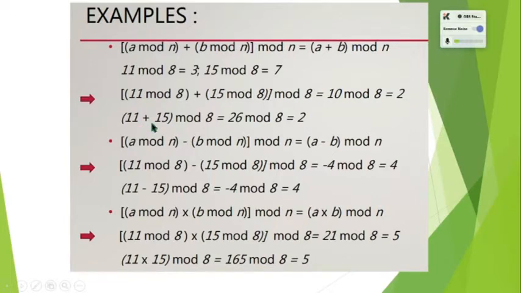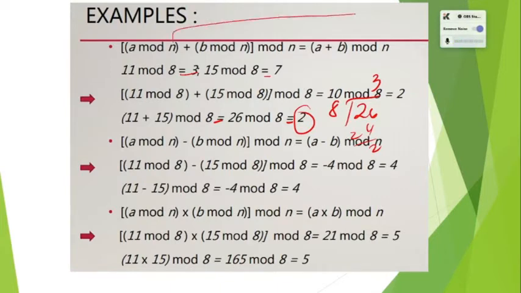So this one, this is 11 plus 15 mod 8. So that is 26 mod 8. So let's solve it. Let's divide 26 by 8. So that is 3, 24, 2. Kaya 2 ang nilagay dito. Actually, that's identical dapat. Okay? So, kaya 2 ang nilagay dito. So, actually, ang dapat i-execute muna dito is this formula.